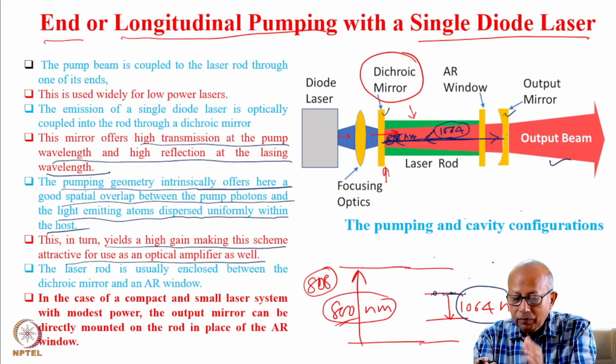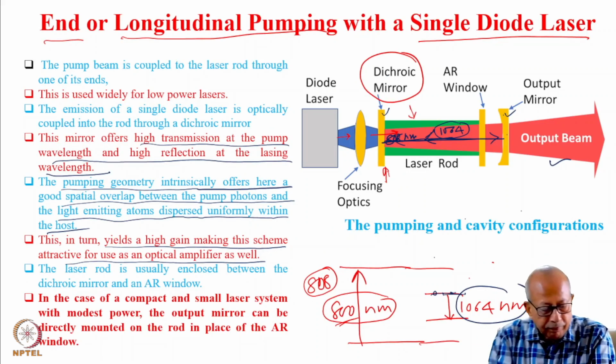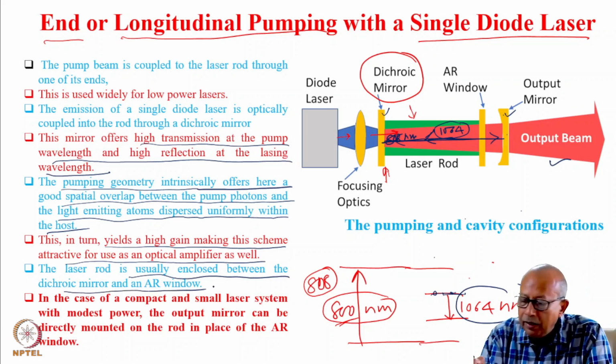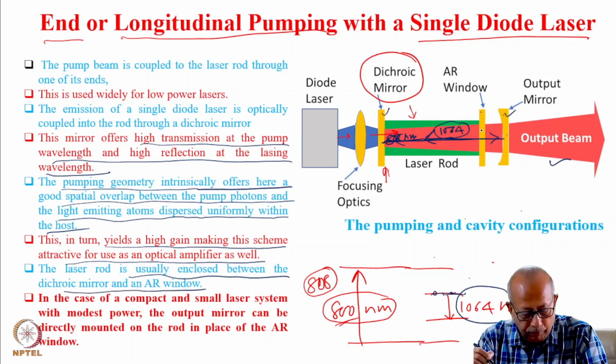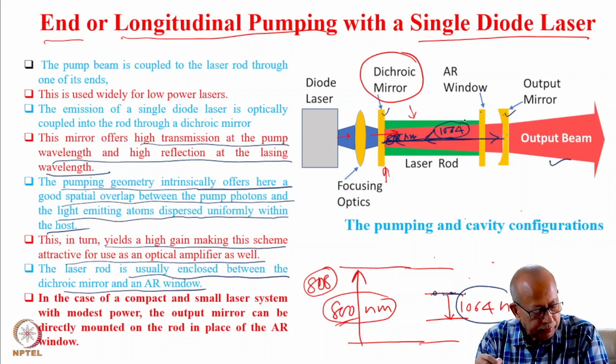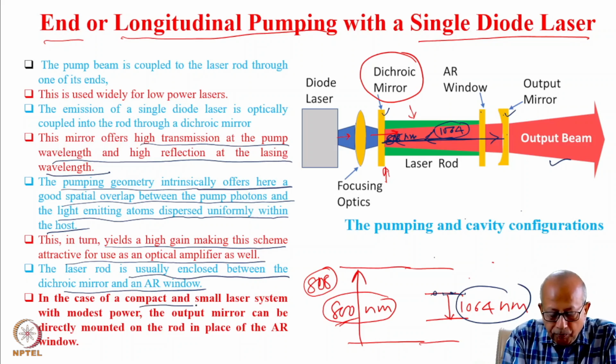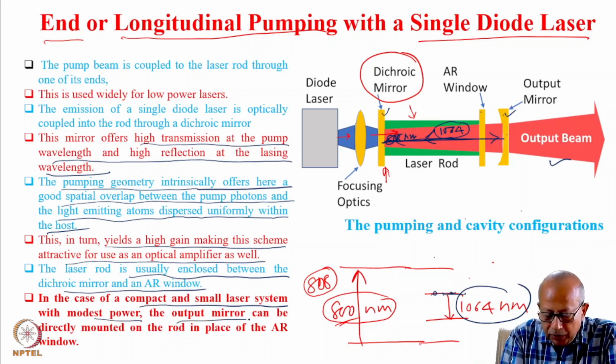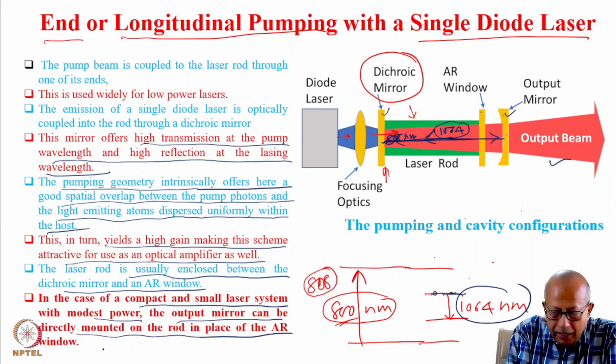Come back to the operation of this as a laser. The laser rod is usually enclosed between the dichroic mirror and an air window. This is an air window which allows 1064 to pass through it. In case of a compact and small laser system with modest power, the output mirror can be directly mounted on the rod in place of an air window.